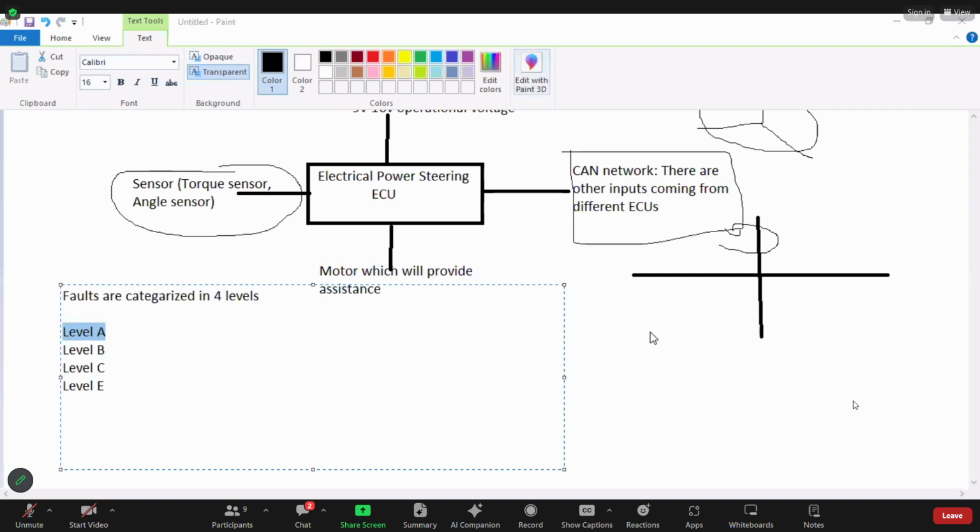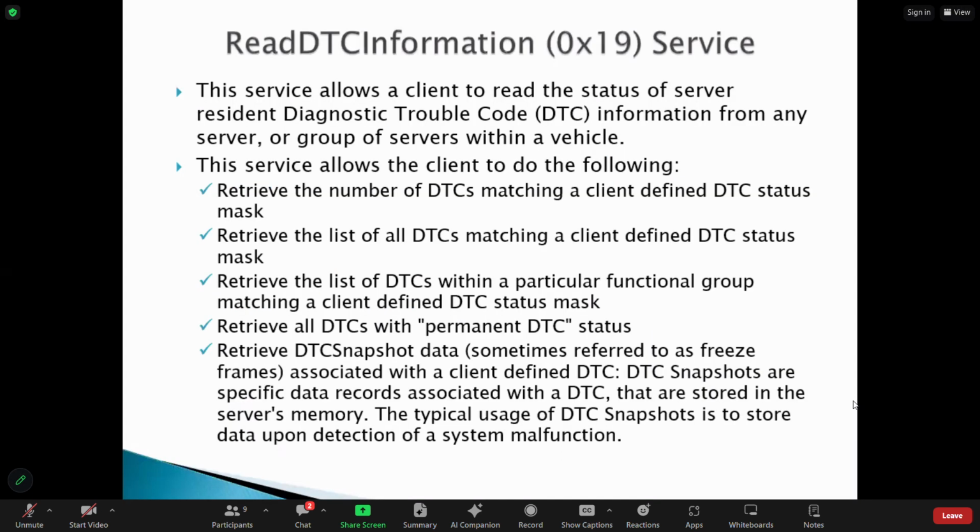So now we'll start the faults. Sorry, the 19 service. Now, is my PPT visible? Visible, sir.